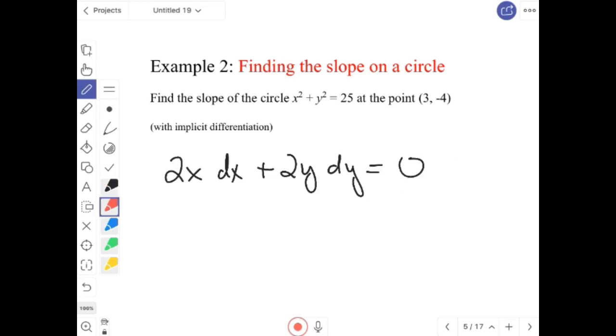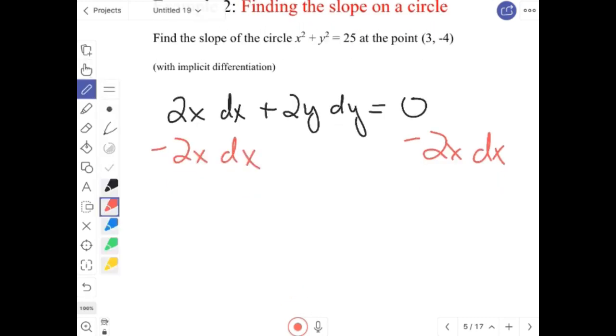So from here, I need to move some stuff over. So what I need to do is subtract 2x dx from both sides. Once they're on different sides of the equation, because I need to be able to divide to get dy and dx on the bottom. So this whole thing is gone.